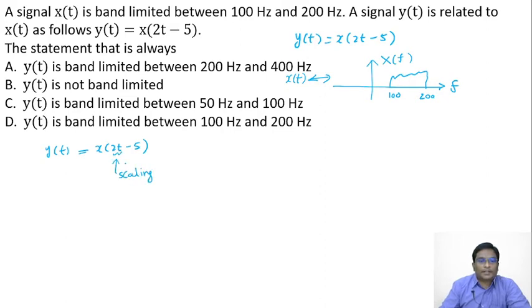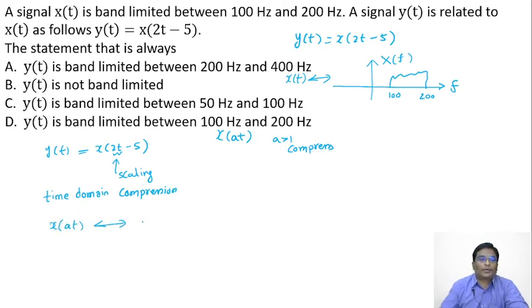Scaling: when the signal is x of a into t, when a is greater than 1, this is compressed in the time domain. When a is less than 1 it expands. Since 2t, 2 is greater than 1, this is time domain compression. And one thing here, suppose x of at is there, if I apply the Fourier transform, it becomes 1 by mod a times x of omega by a, or f by a.